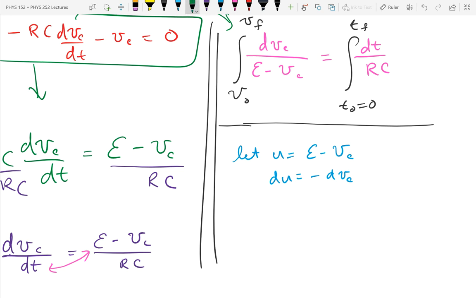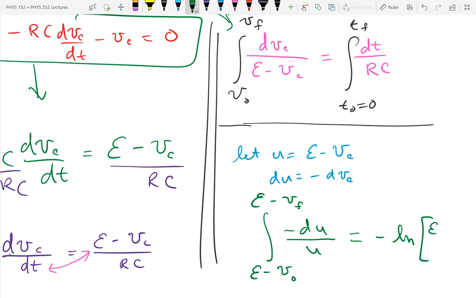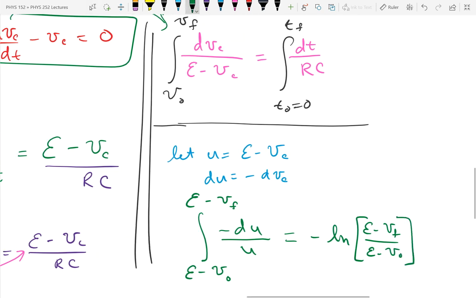And I will have my new integral from E minus V initial to E minus V final of my dVc becomes minus du over U. Well, that's just going to be minus natural log of, so there I've done the left side integral. The right side integral is pretty trivial. What's the right side integral?